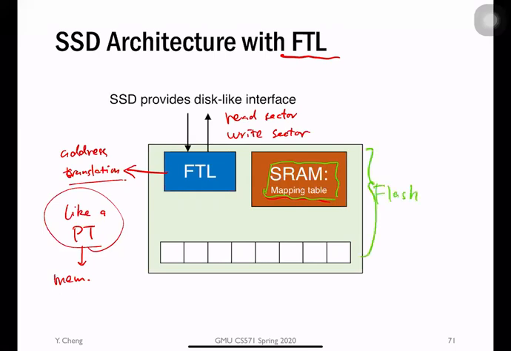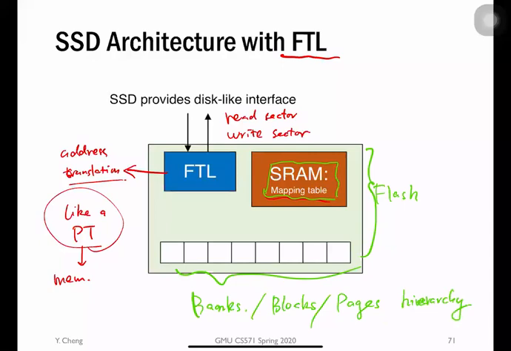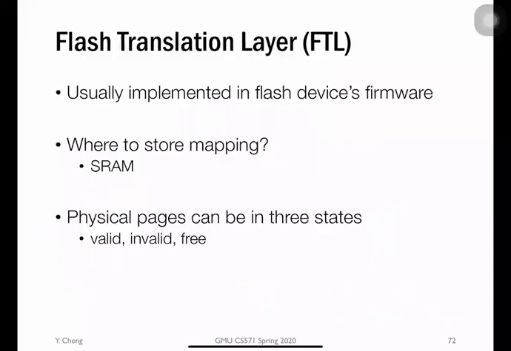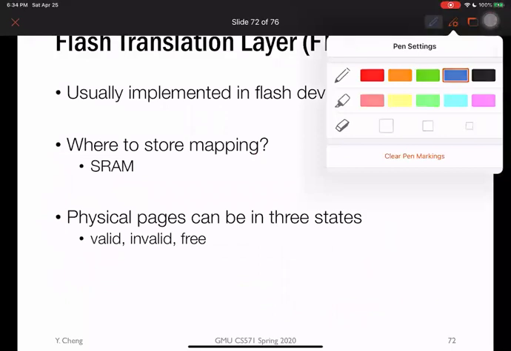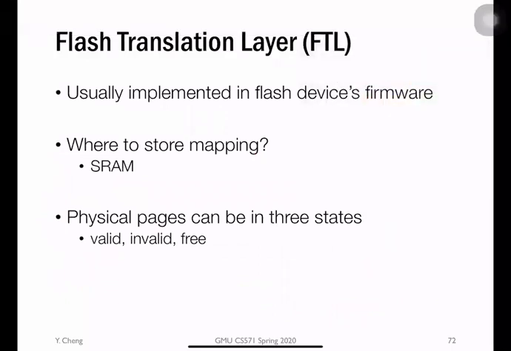So this is the whole flash, and then these are banks, blocks, and pages, a hierarchy. Again, the flash translation layer is a piece of firmware, often implemented in the flash device's firmware, and the mapping is stored in SRAM.